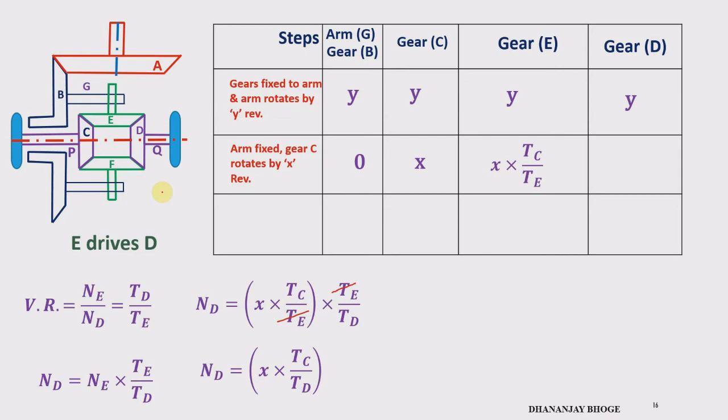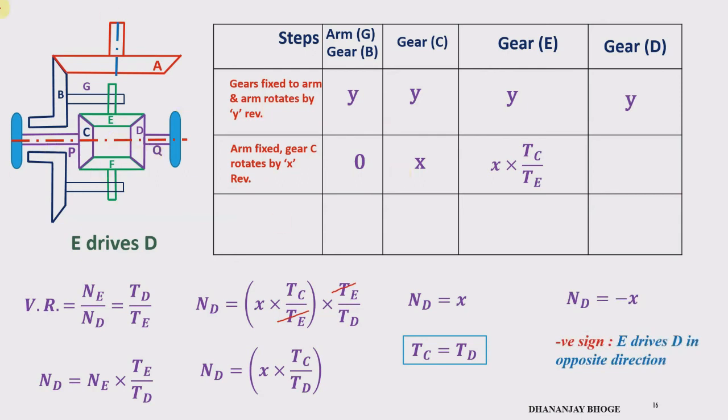E drives D in the opposite direction, so negative sign. Okay? So Nd is equal to minus X, because Tc in the numerator is equal to Td in the denominator. Gear C and gear D have the same number of teeth. So Nd is equal to minus X.